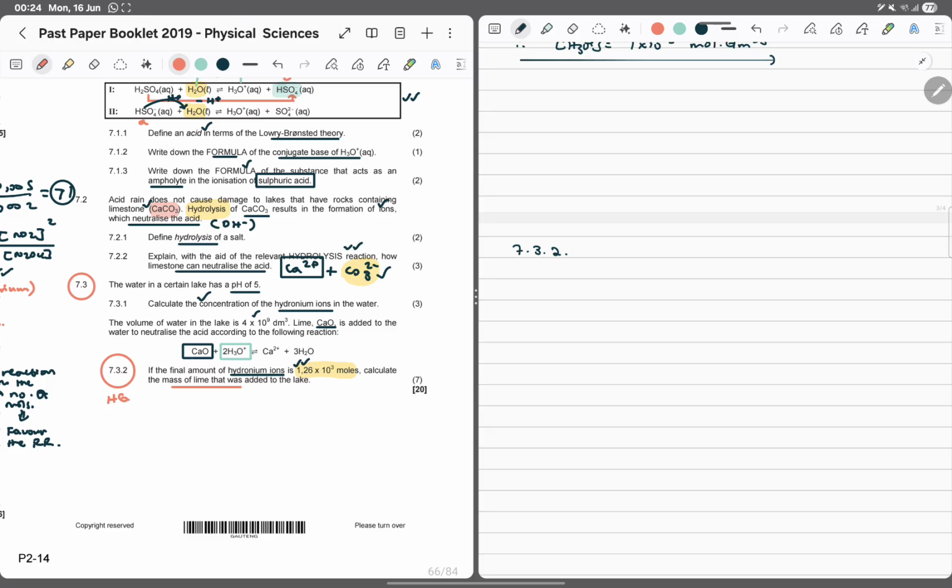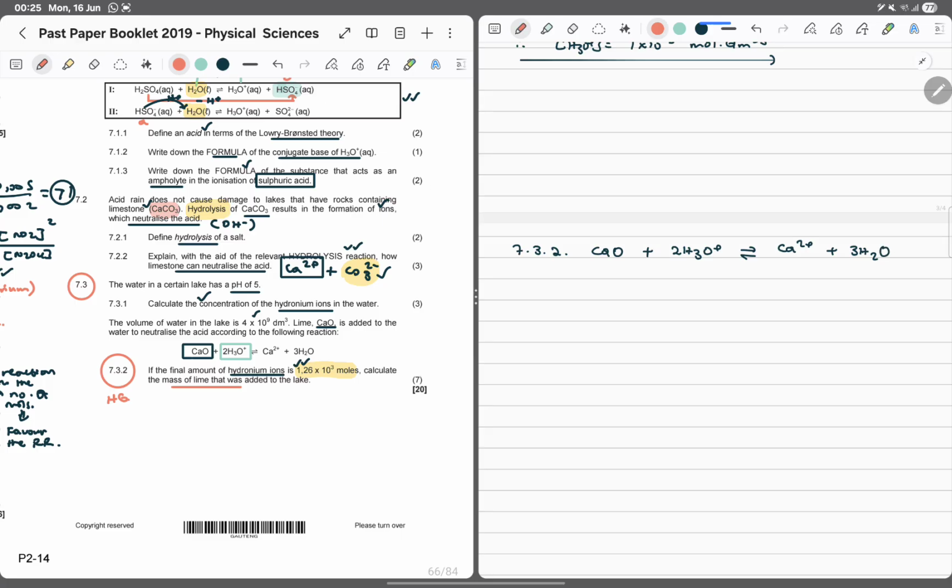So, we just want to know how many moles of calcium oxide reacted. And from this equation here, calcium oxide plus 2H3O+, going forward, going back, to calcium 2+ ions plus 3 molecules of water.